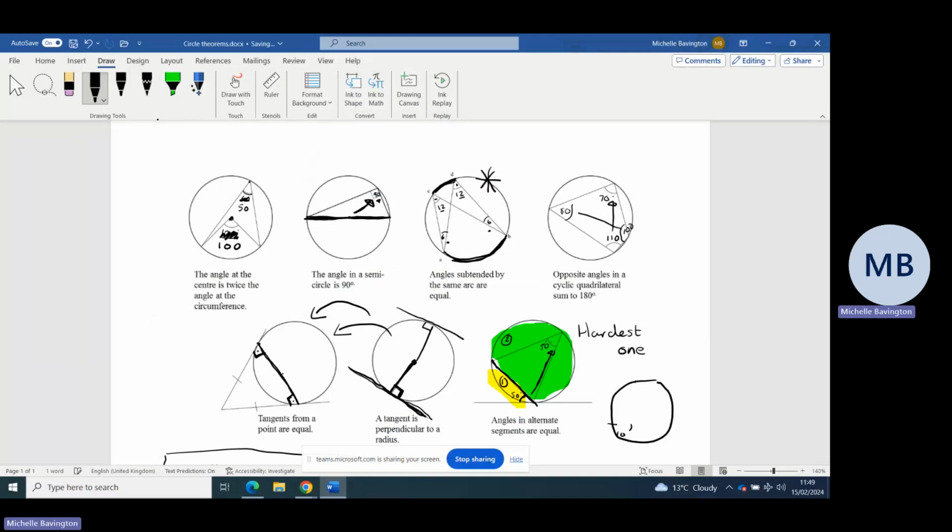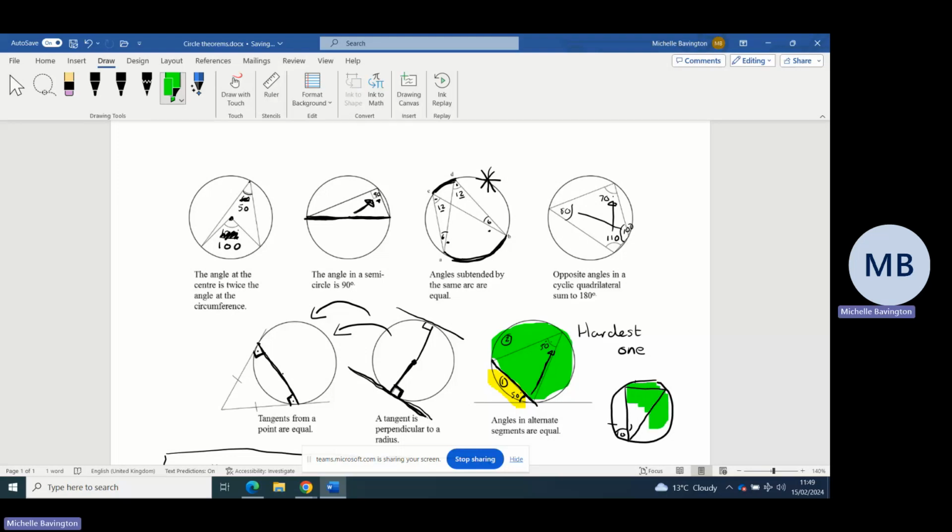Let's do another one. Let's say that, and then you've got that and that, and your angle here was 10. So there's one segment. Let me change the color.